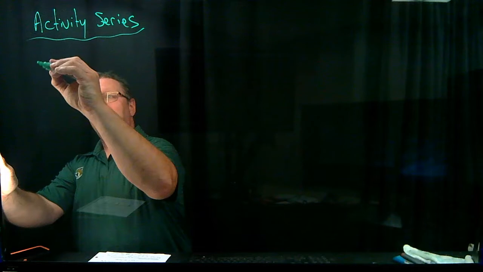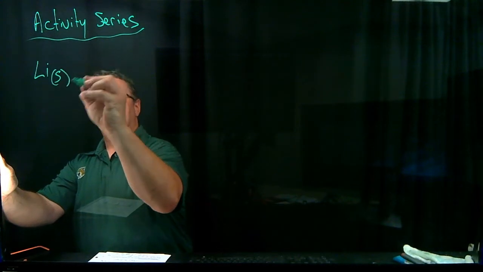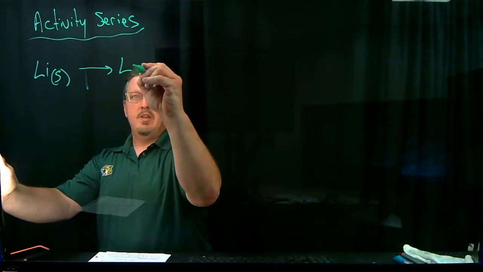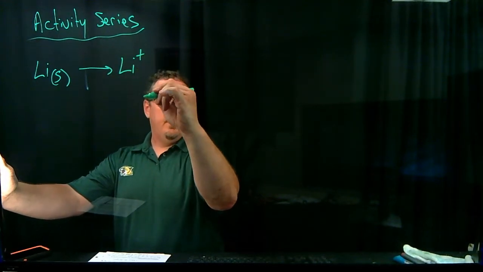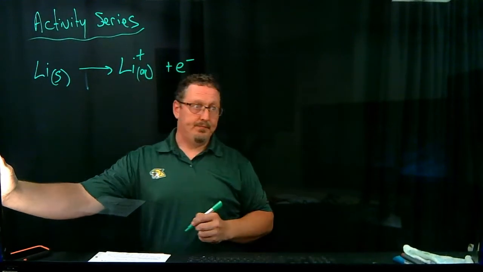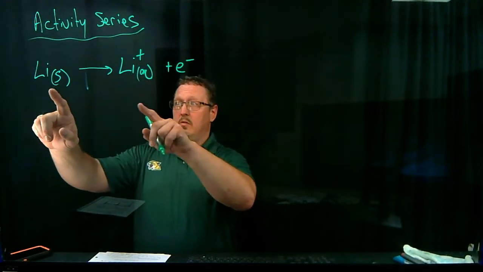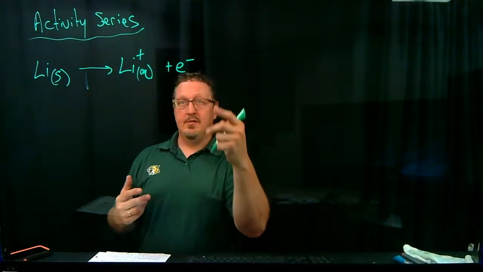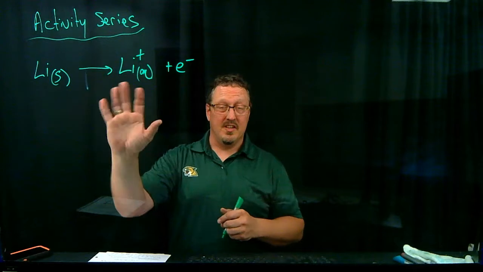But if I talk about lithium as a solid, and I show an arrow where that chemically reacts to make lithium plus aqueous plus an electron. Okay, so no charge, plus 1 charge, 1 electron. And that's really all I'm trying to show, the number of electrons that get transferred.